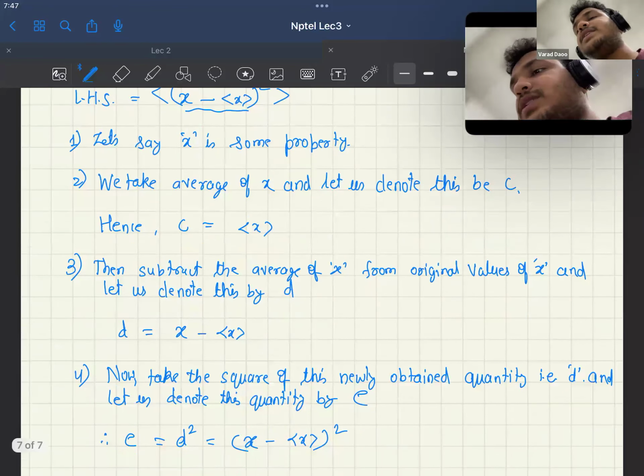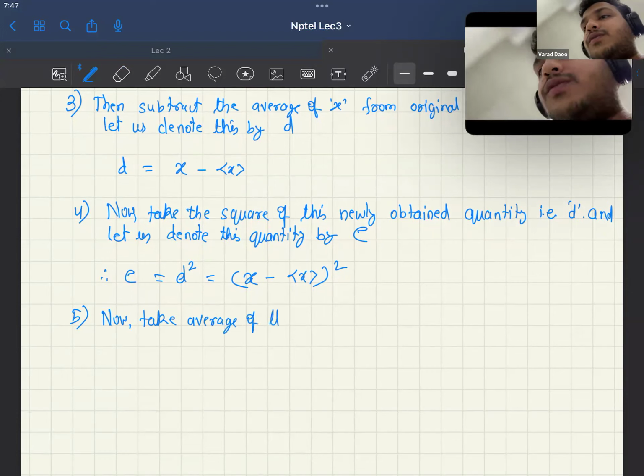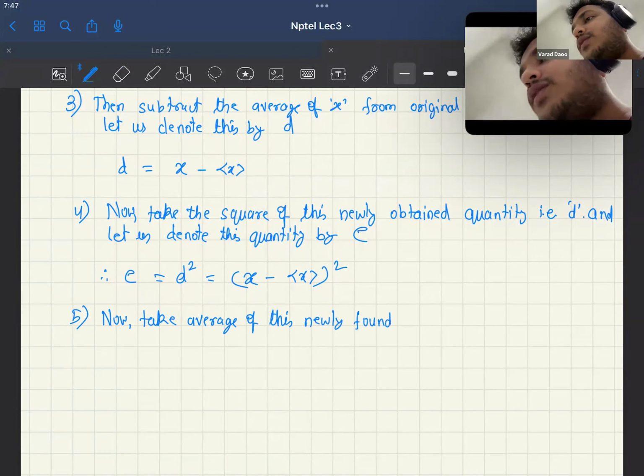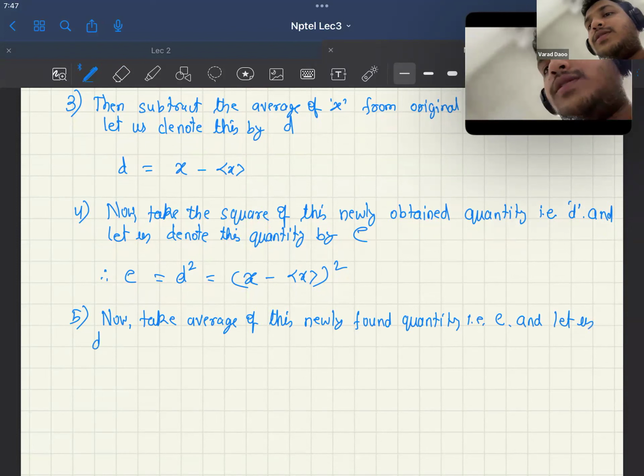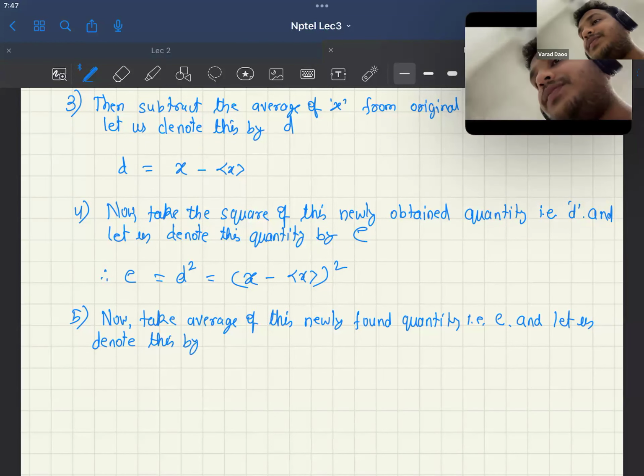Now take average of this newly found quantity, that is E, and let us denote this by F, let's say. Therefore, F becomes what?